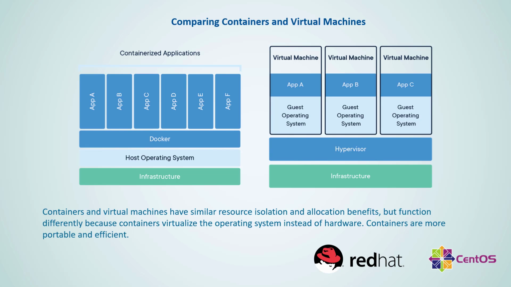On the other hand, virtual machines, or VMs, are an abstraction of physical hardware, turning one server into many servers. The hypervisor allows multiple VMs to run on a single machine. Each VM includes a full copy of an operating system, the application, and necessary binaries and libraries, taking up tens of gigabytes.